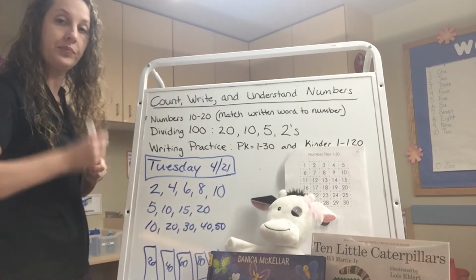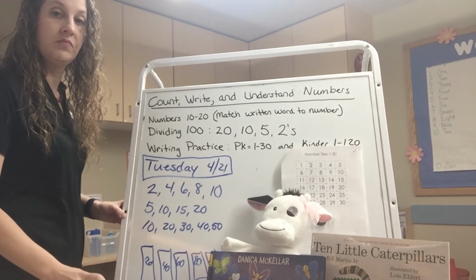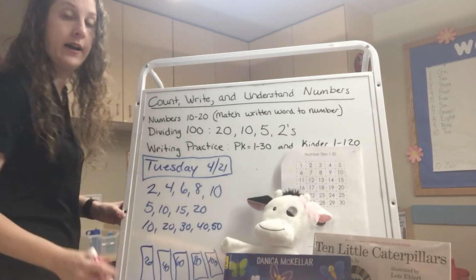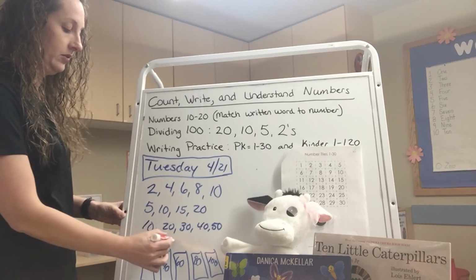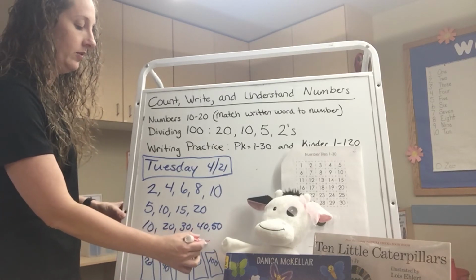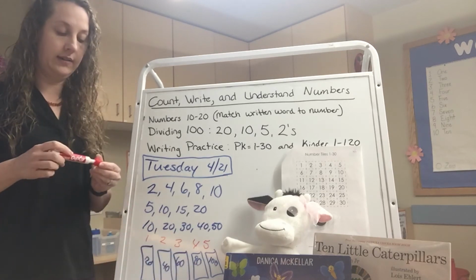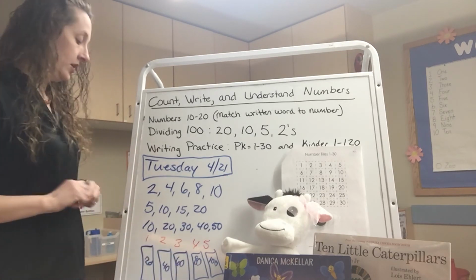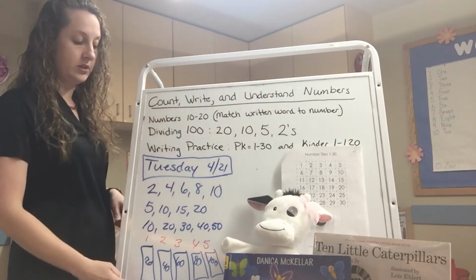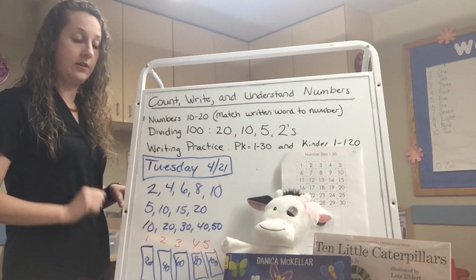Anybody tell me? I have 1, 2, 3, 4, 5. So when I do groups of 20, I should have 5 groups of 20 to get me to 100. So I want you to tell me which group had the most to get to 100.